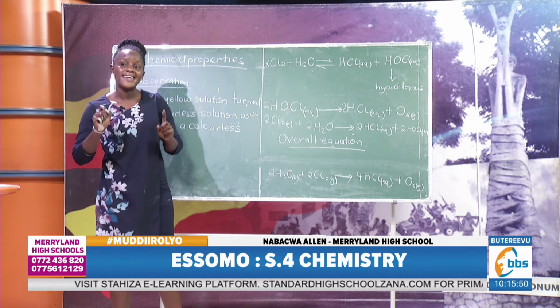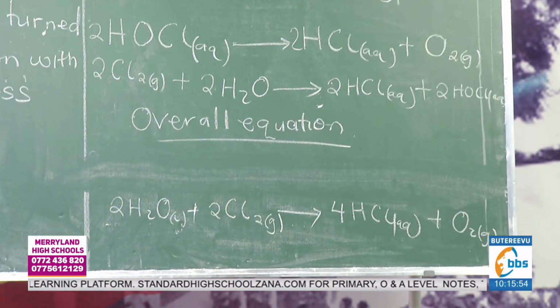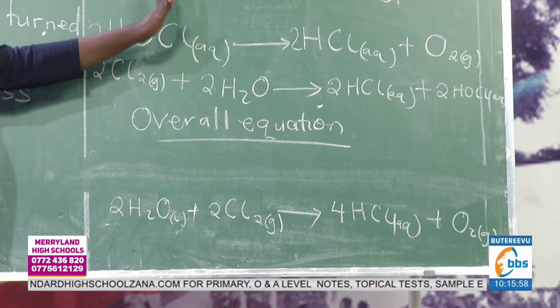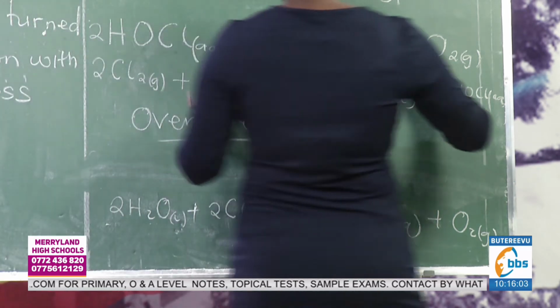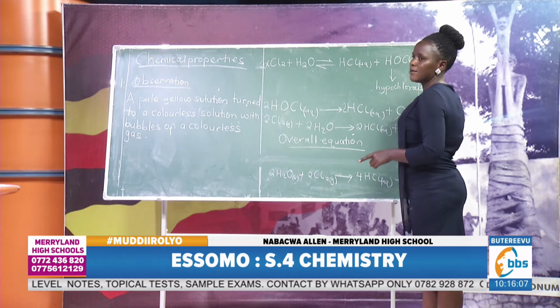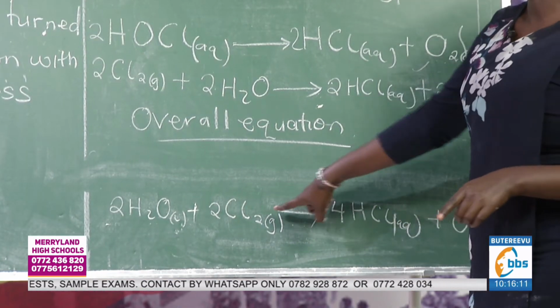You'll score nothing. Because for us, when we're marking, whatever we meet first is what we mark first. Therefore, if they were asking for the overall and you wrote this, it means that this is what the examiner meets first, and therefore this is what the examiner is going to mark. Okay? And therefore, you'll get nothing. So our overall is here.